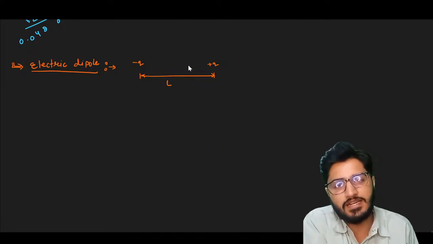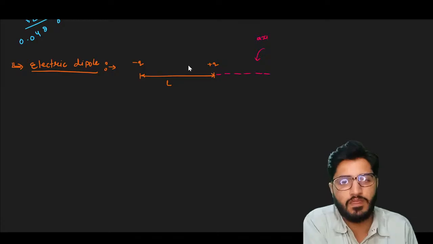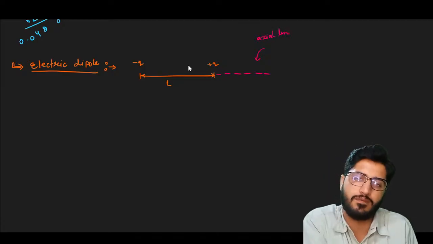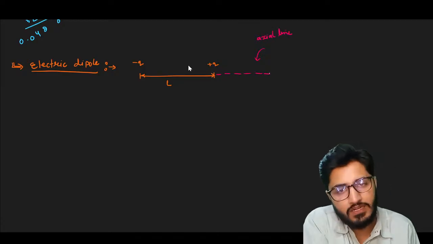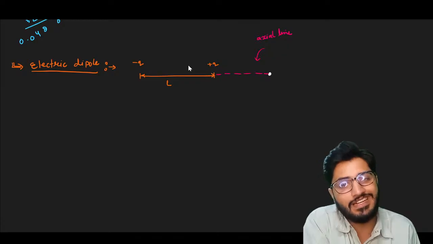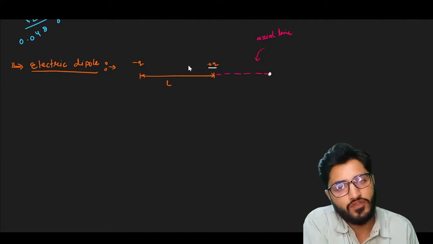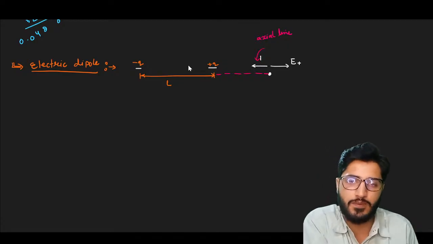If we extend this line, this line means axial line. If you want to find electric field intensity on the axial line of a dipole, due to the positive charge it would be in this way, E positive. Due to negative, it will be in this way, E negative.